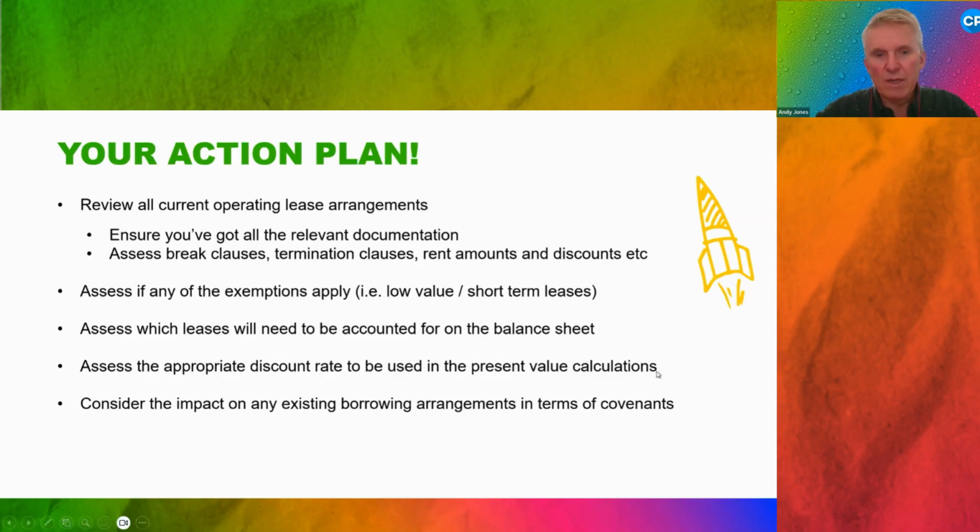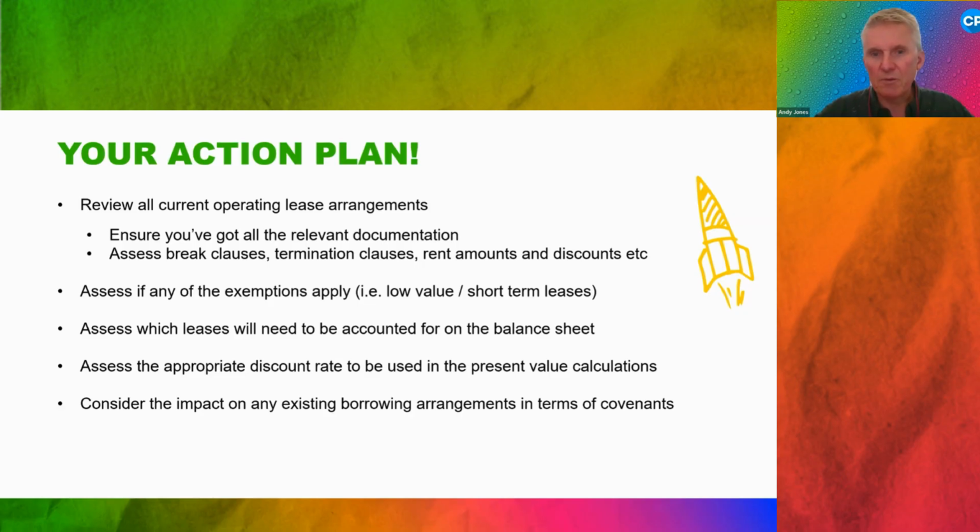Once you've done the calculations, some important things to consider is around any impact on any existing borrowing you've got, particularly in terms of covenants. Sometimes those covenants are based on measures like EBITDA, earnings before interest, tax, depreciation and amortization.